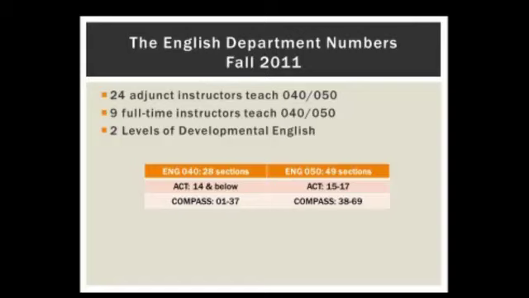Our developmental English is broken up into English 040 and English 050. Down towards the bottom of the screen, you can see how our ACT and Compass scores help divide out these sections. We have 24 adjunct instructors who teach these courses, usually in the fall. We have 9 full-time instructors, and we have 2 levels of developmental English, again, divided by the ACT and Compass cutoff scores.